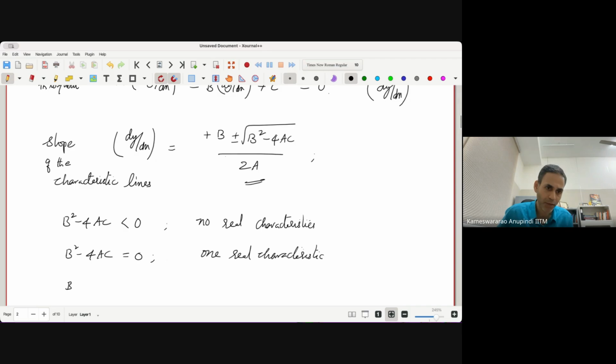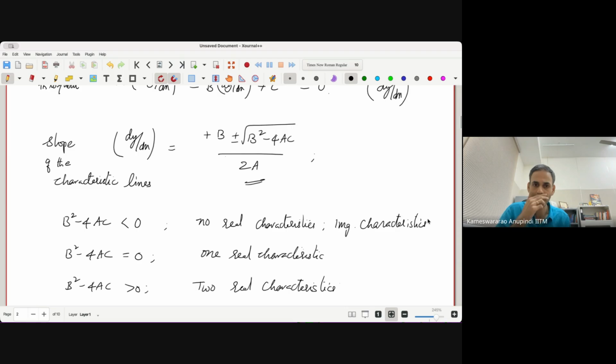Similarly, if b square minus 4ac is greater than 0, then you have two real characteristics. Okay. That means you have only imaginary characteristics in the case of b square minus 4ac becoming less than 0. Okay. So that is basically giving you the slopes of these characteristics.